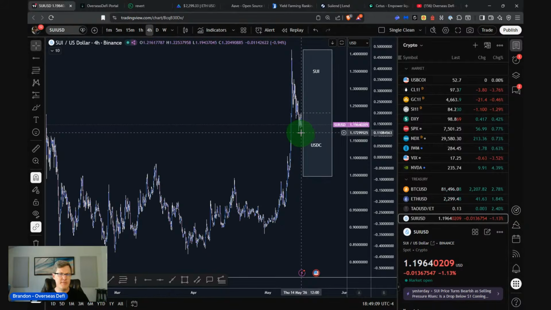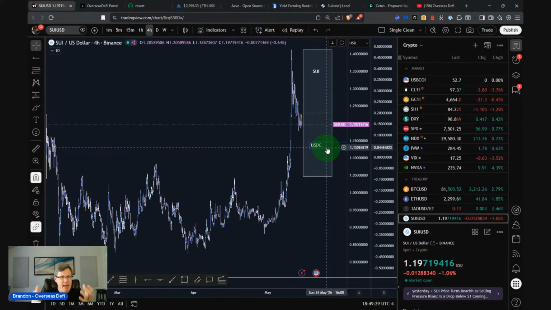Now, modern decentralized exchanges have what's called a zapping function, where you don't even have to figure out this math, as if that's really all that difficult. I mean, I just did it. It's about 60% SWE and 40% USDC. That is the balance of our position.